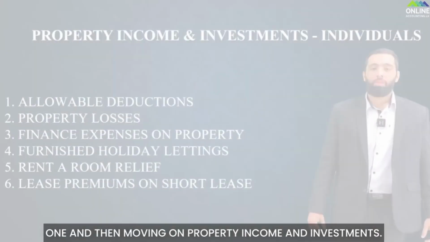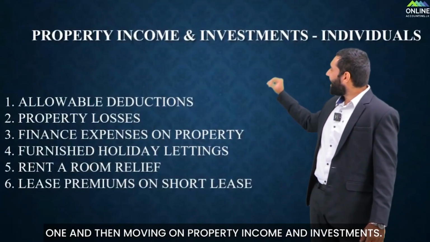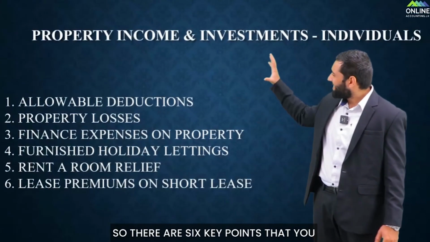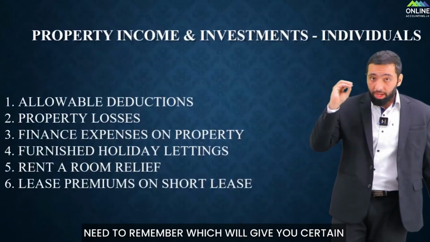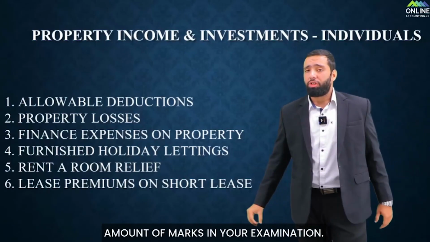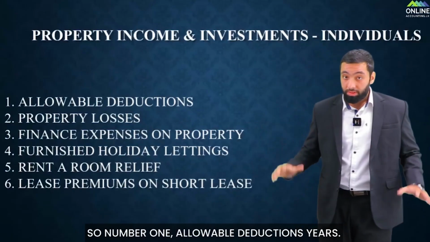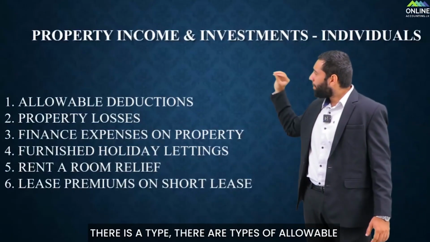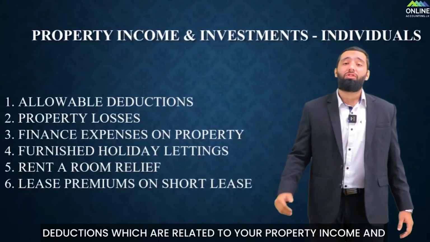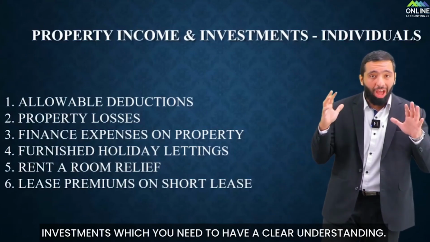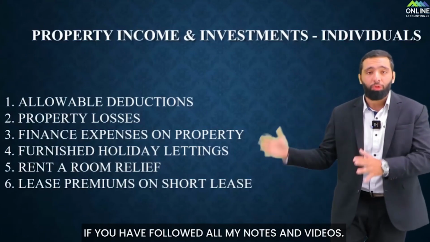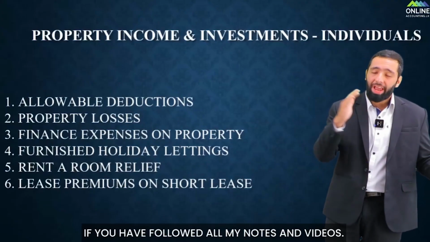And then moving on, property income and investments. So there are 6 key points that you need to remember, which will give you a certain amount of marks in your examination. So number 1, allowable deductions. Yes, there are types of allowable deductions related to your property income and investments, which you will clearly understand if you have followed all my notes and videos.